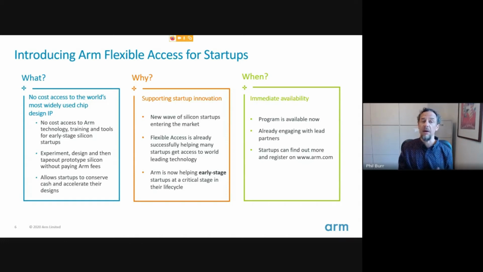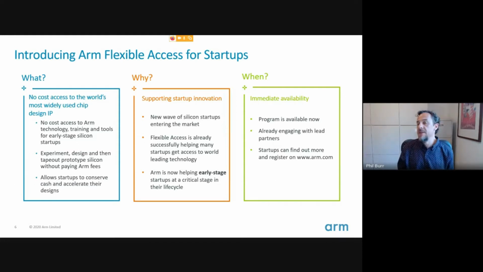I've just talked about how ARM is used in so many different devices. What we wanted to do is to make it as simple and easy as possible for silicon startups to use this technology. We want to make it as easy as possible for startups to be able to design and then tape out prototypes, and to do that without paying ARM any fees.